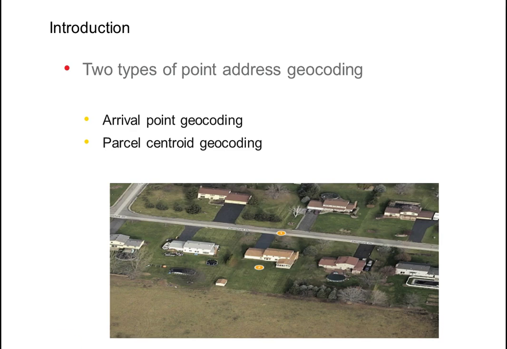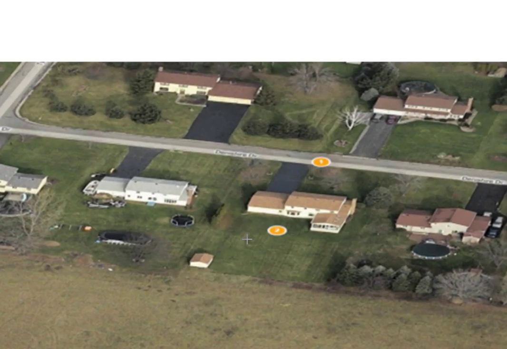Now we will see what arrival point geocoding is and what parcel centroid geocoding is. So here you can see the number 1 represents arrival point geocoding and number 2 represents parcel centroid geocoding.